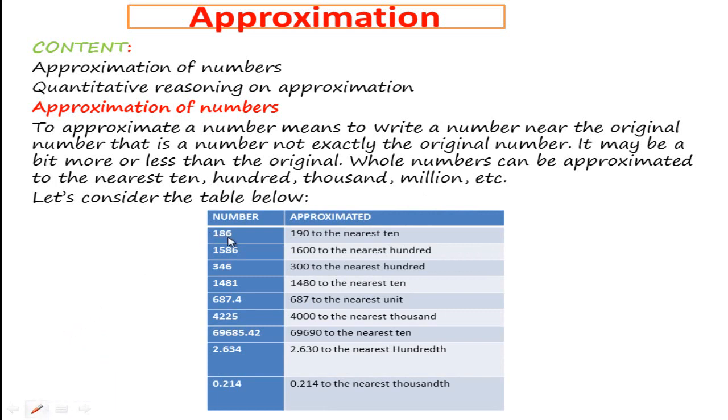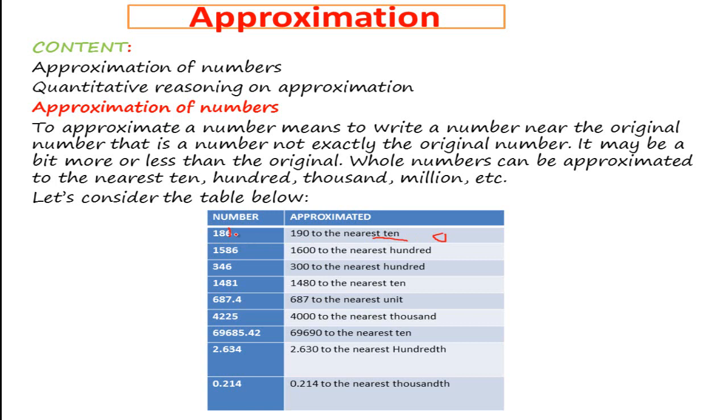Now when you see 186, we approximate it to the nearest 10. That means a single unit, which is a single zero. You start from the right and count a single unit, which is 6.